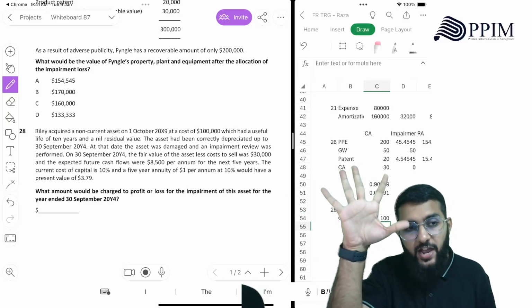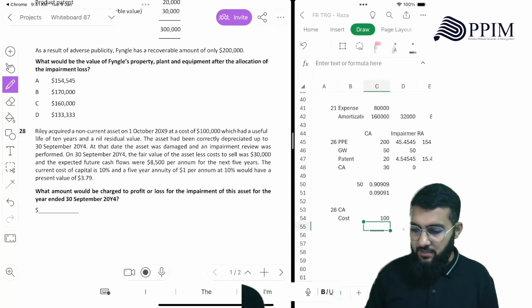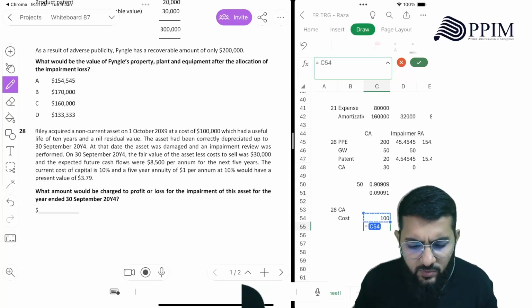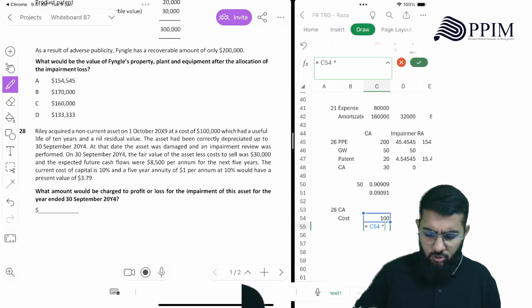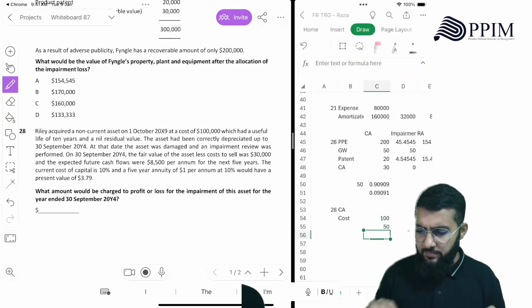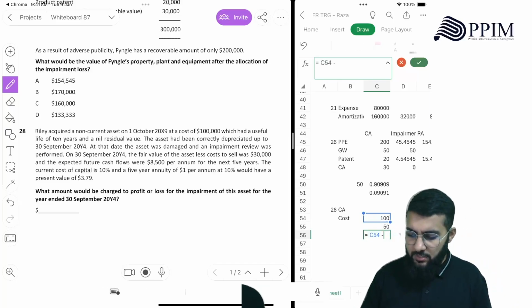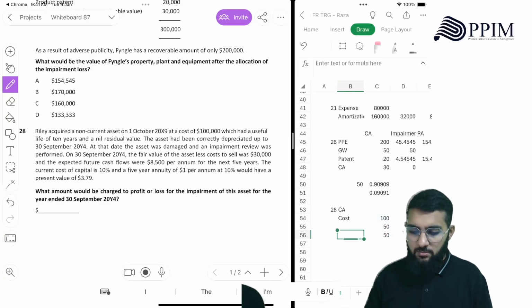Entire Y3. So 5 years. So how much is that going to be? 10 years is what they are saying, so 5 divided by 10, 50,000. So what is the carrying amount? Rather, this is the carrying amount.